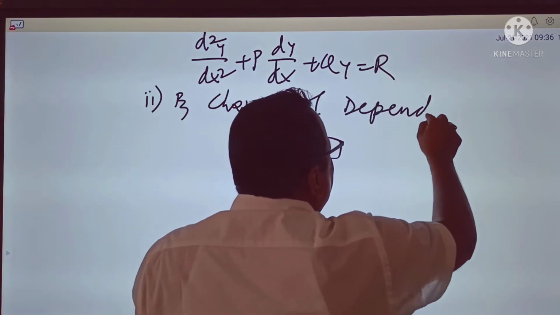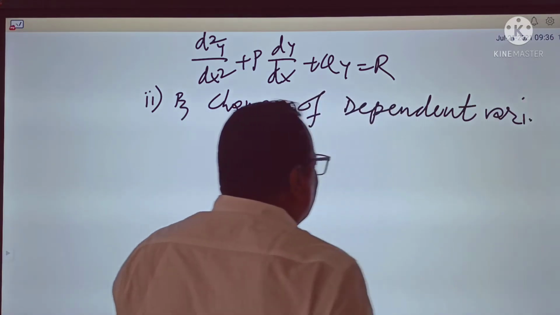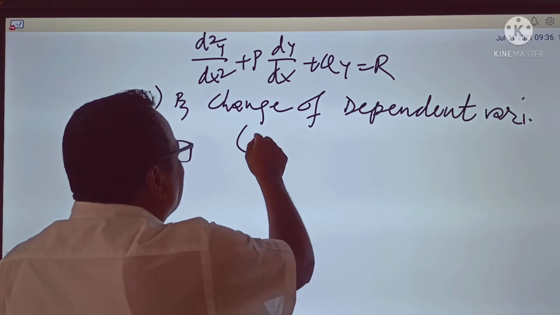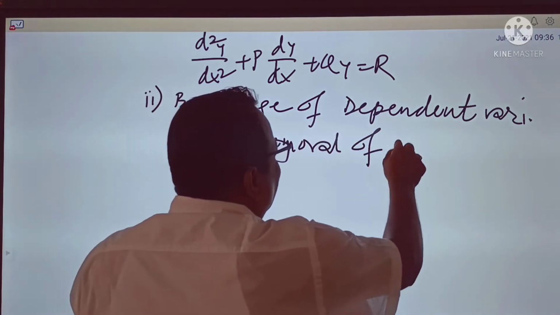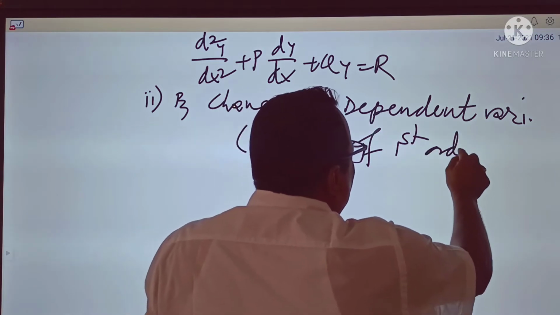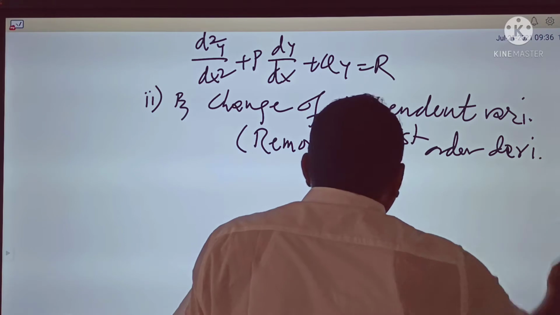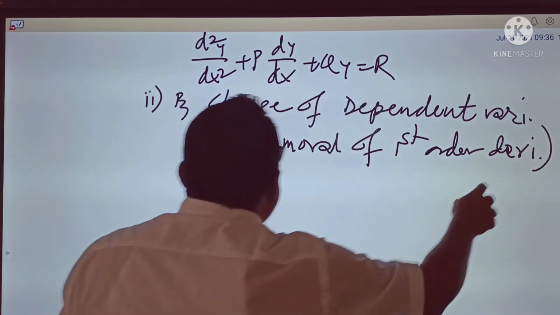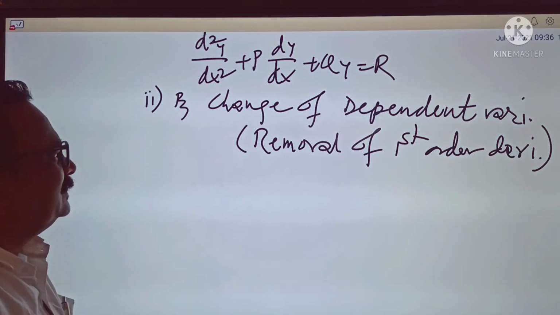The second name for that is removal of first order derivative. Now we see what this is.